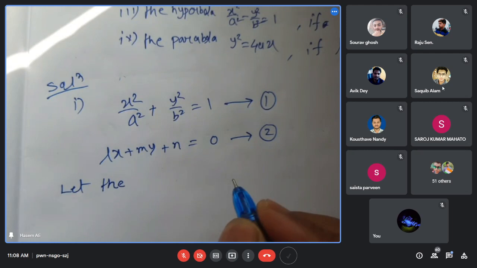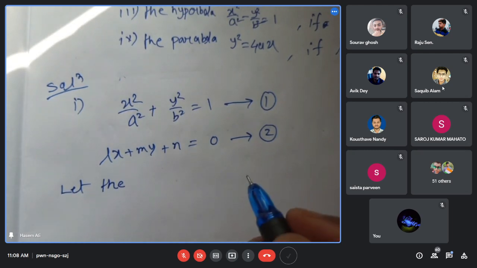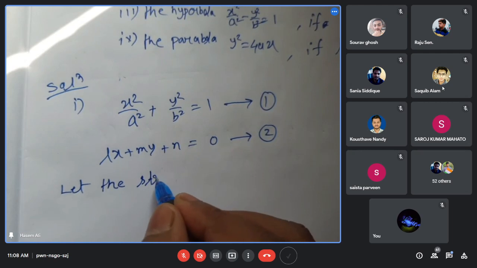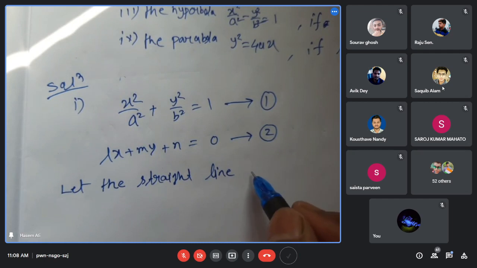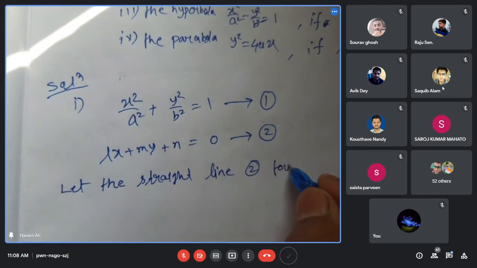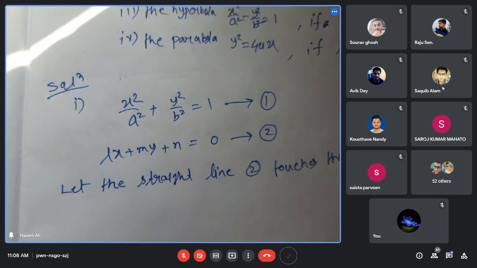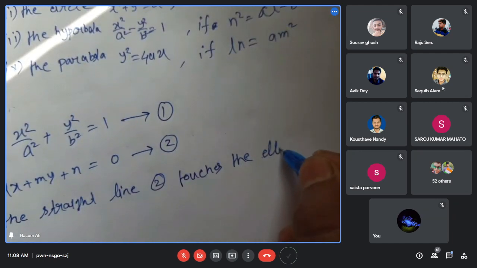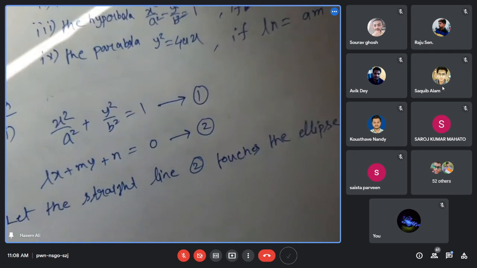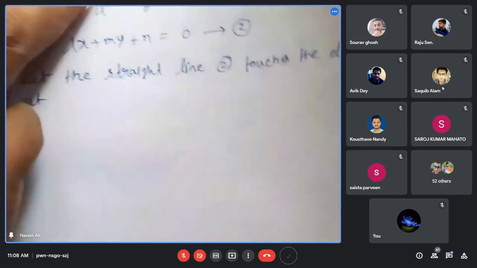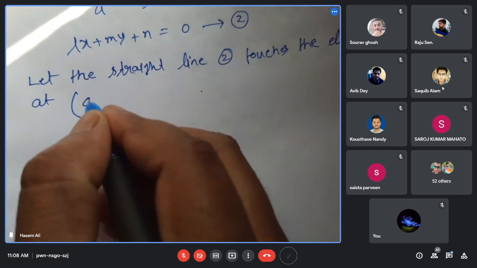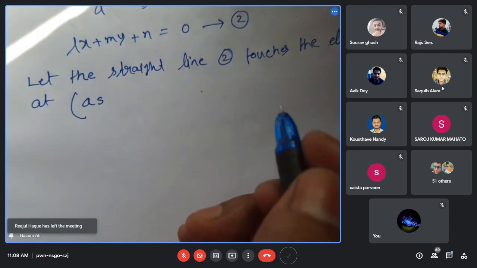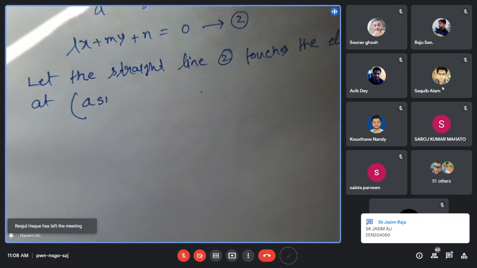Let the straight line 2 touch the ellipse at the point (x1, y1), or you can take the point like this: (a sin theta, b cos theta).